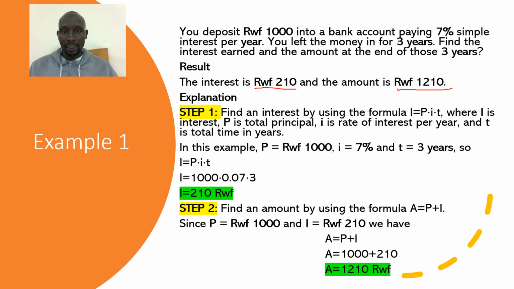So our first step, we're going to find the interest by using the formula I, or interest, is equal to P times R times T, where P is the principal amount, R is our rate of interest, and T is the duration.